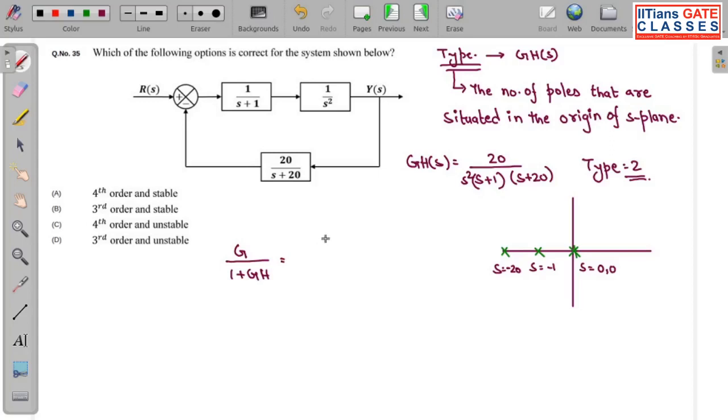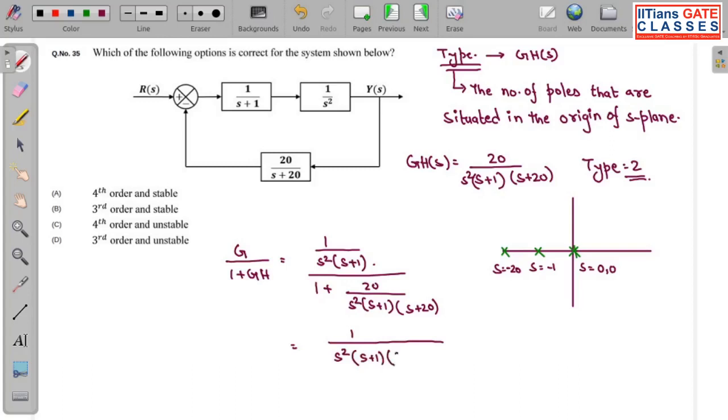If I calculate that, S square, S plus 1, so here it will again be 20, so S plus 20. If I take the LCM, it will come out to be 1 divided by S square, S plus 1, S plus 20 plus 20.